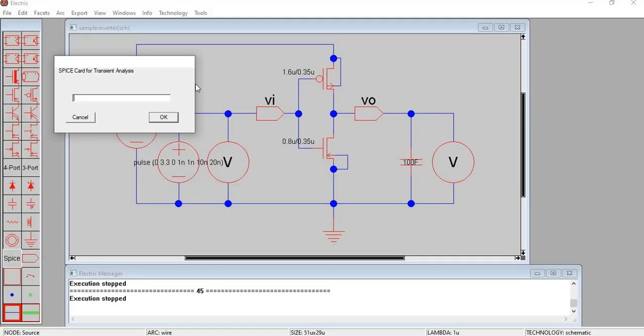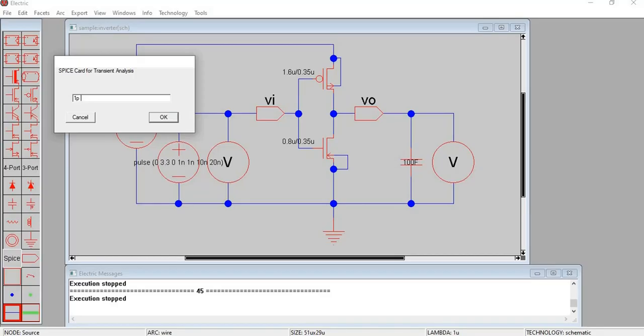For our case, just type 1P. Then the next value represents how long you want your simulation to run.